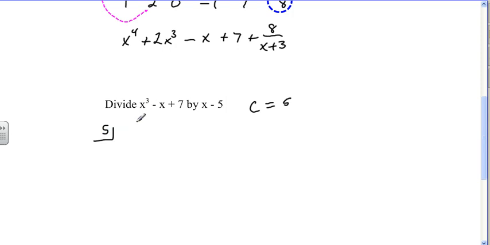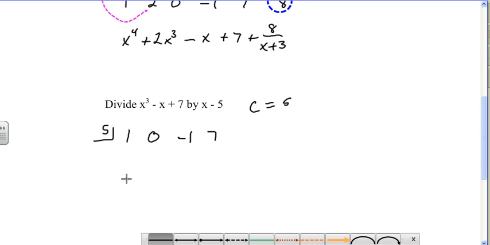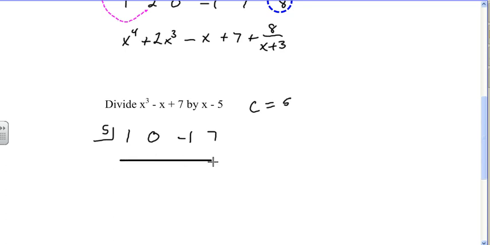And then we have a coefficient of x cubed of 1. But now there's no x squared term, and because there's no x squared term, I'm going to put a 0 there to represent that place. And I'll put -1 for the coefficient of x and 7. And then after that, we just go through the same process we did up above to solve that one, and that is synthetic division.